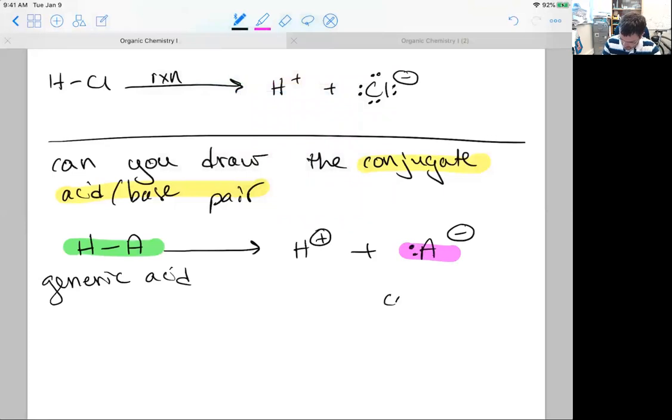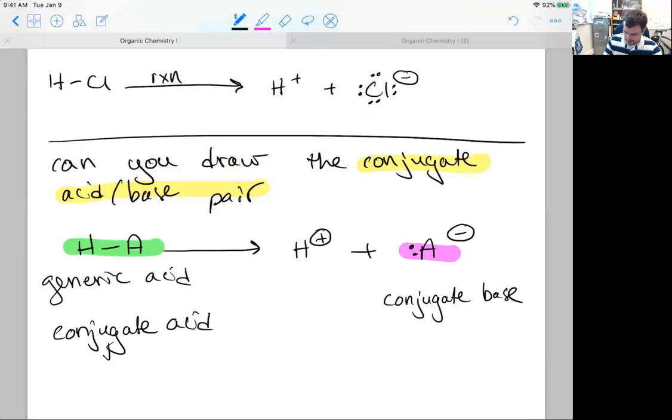A- is called the conjugate base. HA is a generic acid, yes, but in this equation, it is the conjugate acid.